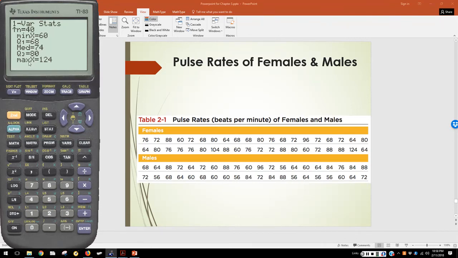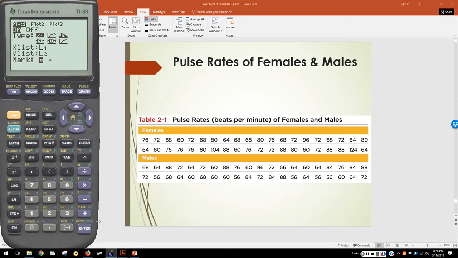And then you can also make this graph on your calculator. You first press your second button and then your Y equals button, and you choose plot 1. And on plot 1, you make sure it's turned on.